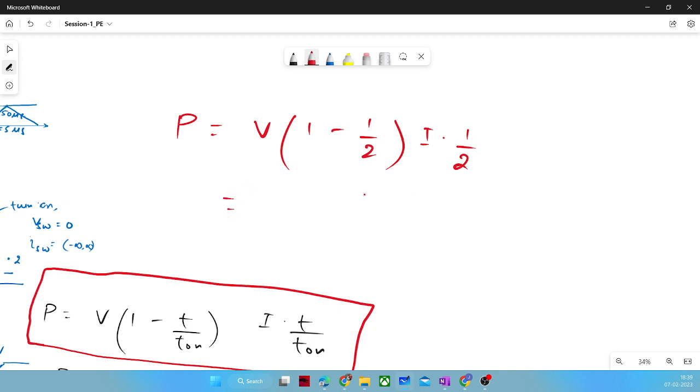So half into half, 1 by 4 V into I. V is 100 and I is 10, so 1000 divided by 4, that is 250 watts.